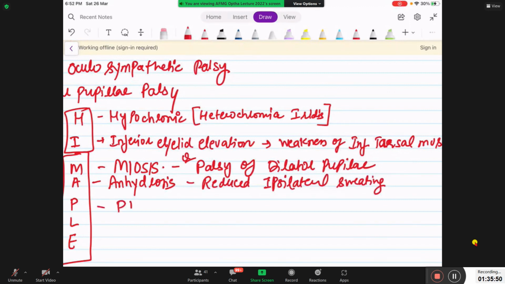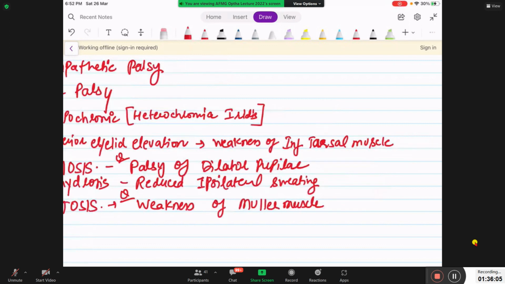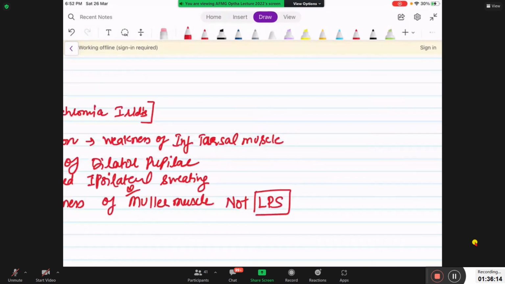Ptosis is drooping of the upper eyelid, right? This ptosis, important question, write down, is seen because of weakness of Mueller muscle, but not LPS. What is LPS?